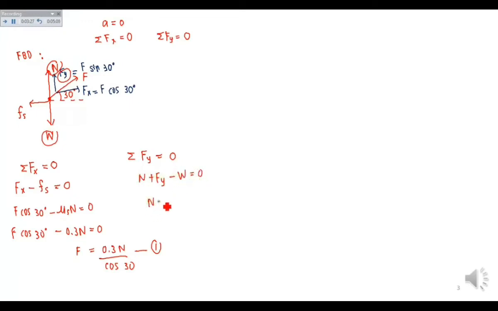So N plus F sin 30 equals 20 times 9.81. So this is our second equation.